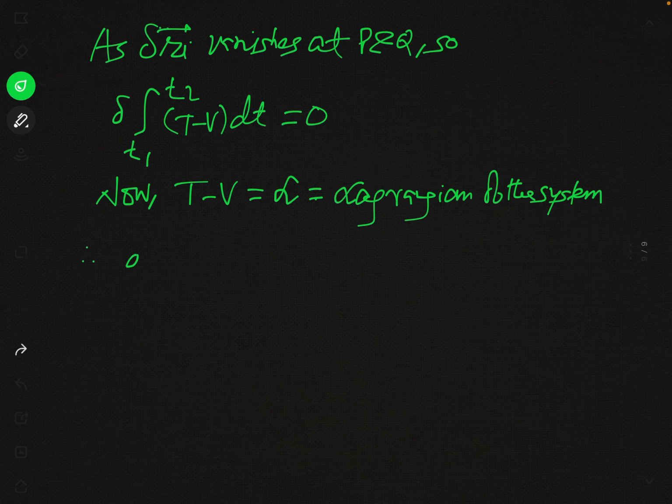Therefore, you can now write delta of integral t1 to t2 L dt equal to 0.